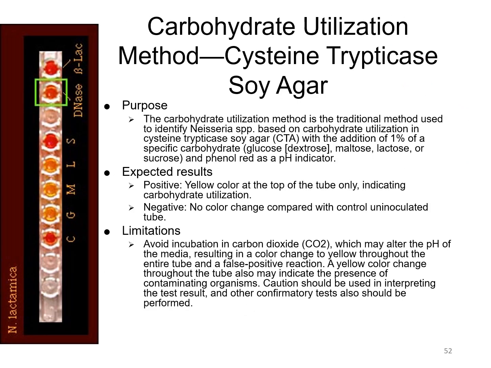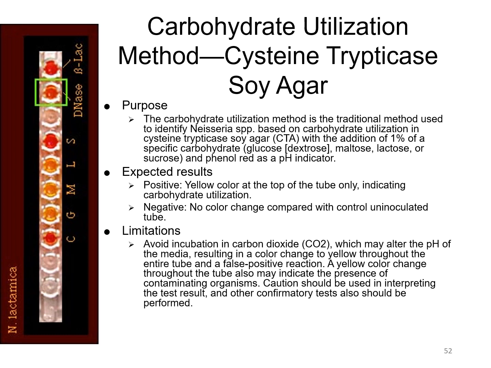The carbohydrate utilization test is used to help identify mostly your Neisseria species. What this test does is use different carbohydrates: glucose, or dextrose as it's sometimes referred to, maltose, lactose, and sucrose.